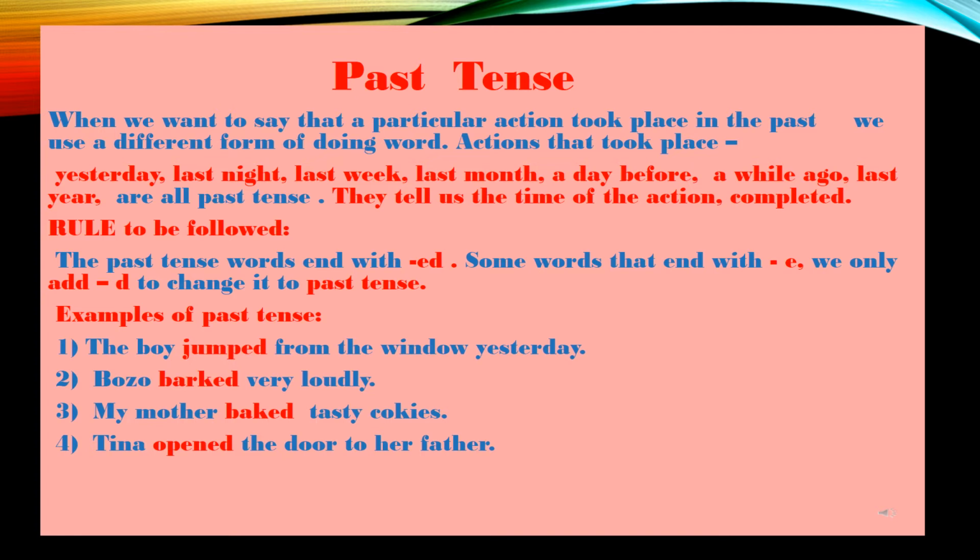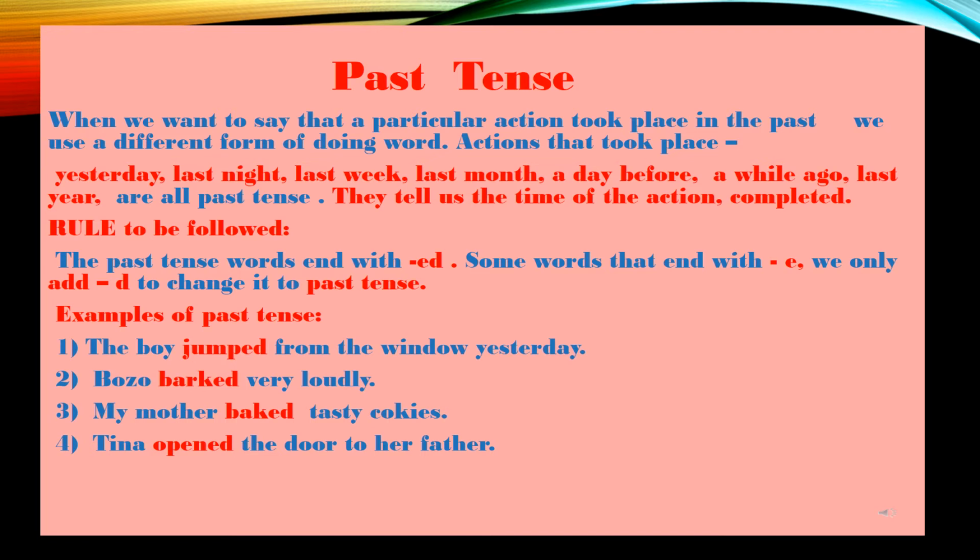This means that all the actions that have already been completed, that have been done by someone, are all past tense. Like what I did yesterday, or what my sister did last night, where did we go last week, what did we do last month.